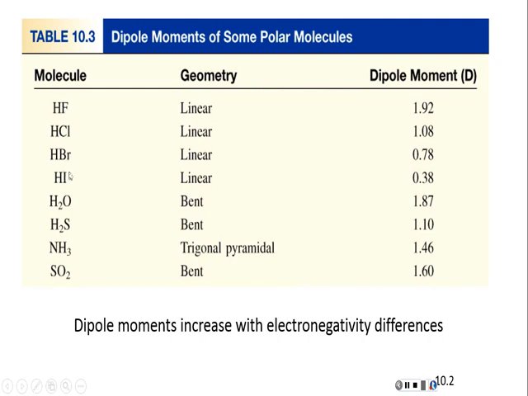They're all linear molecules, hydrogen with all these halogens. HF has the highest dipole moment. That means it has the strongest charges. As you go down the list, the charges get smaller. If you were to compare these to the electronegativity differences, you would see that HF had the greatest difference and HI had the least difference.